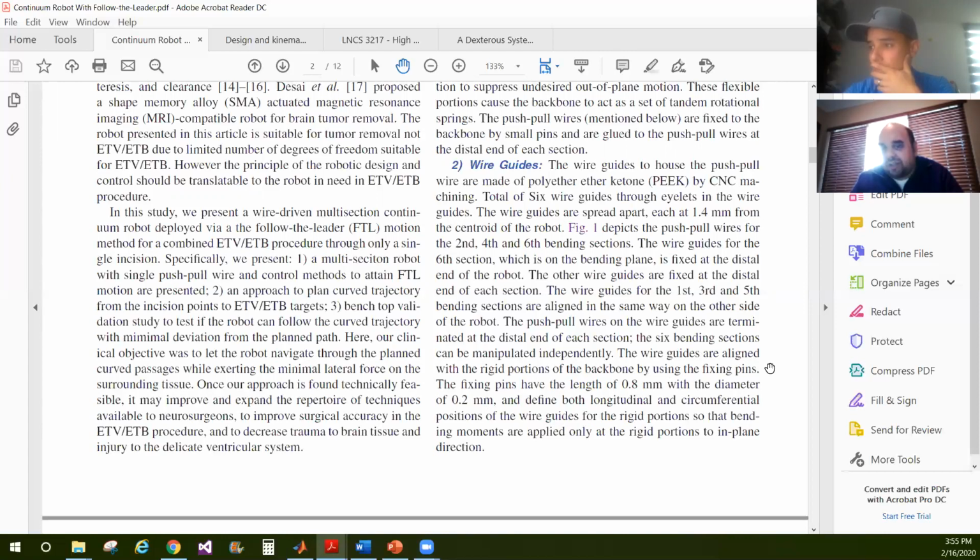So it looks to me like the wire guide sort of needs to be anchored in certain locations. Okay. And it's connected in those locations to the backbone. But if it's connected in certain locations, then how does it pull or push? I don't get that. It should be free to move.